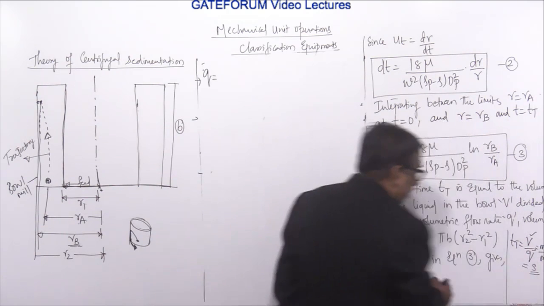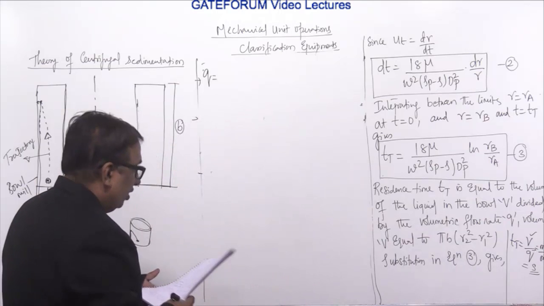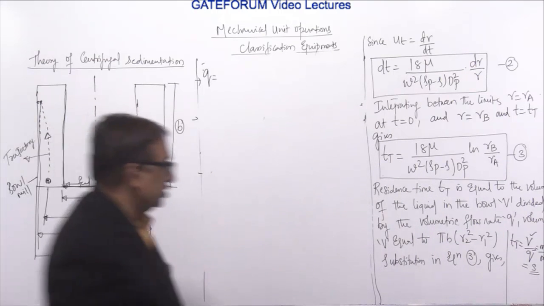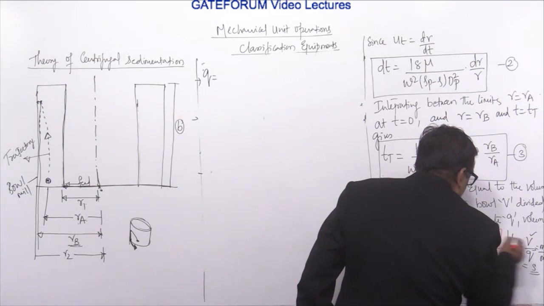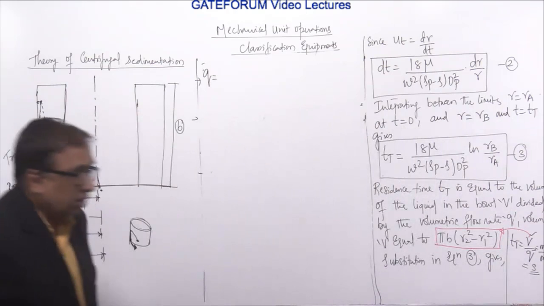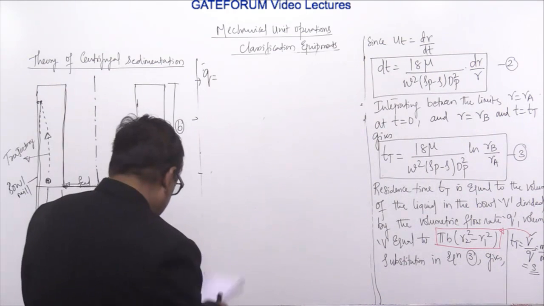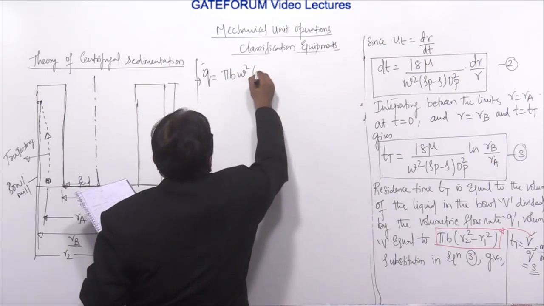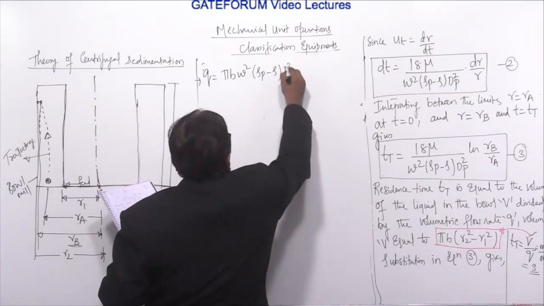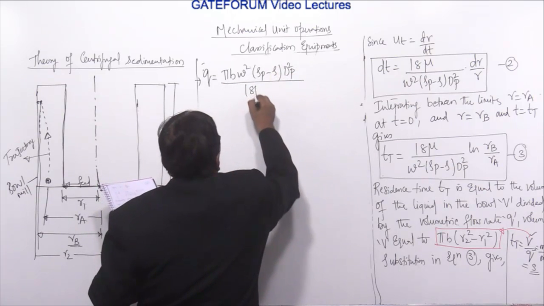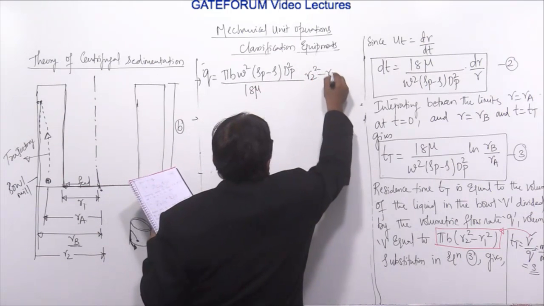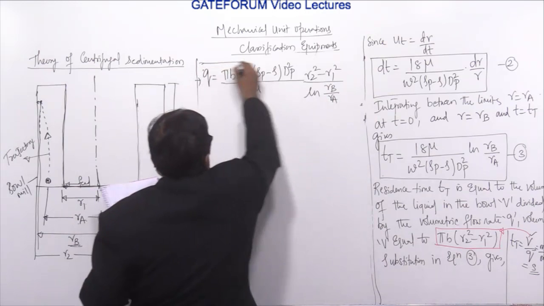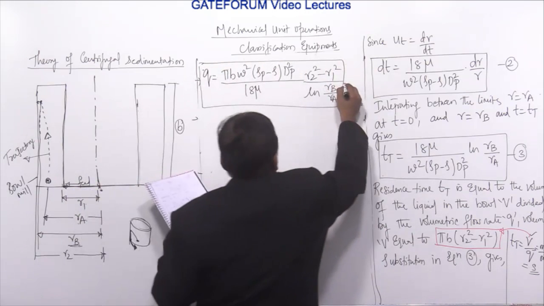So Tt is equal to V by Q, and if V can be written as pi b R2 square minus R1 square, then the equation becomes Q is equal to pi b omega square rho p minus rho d square p by 18 mu into R2 square minus R1 square divided by ln Rb by Ra. So this is equation 4.